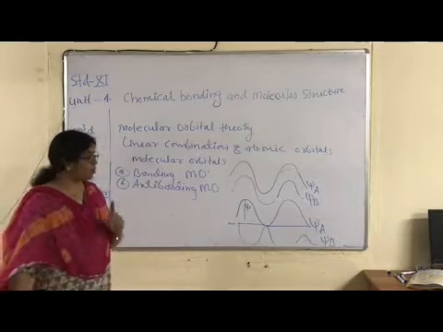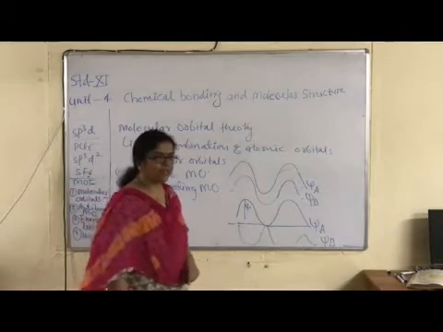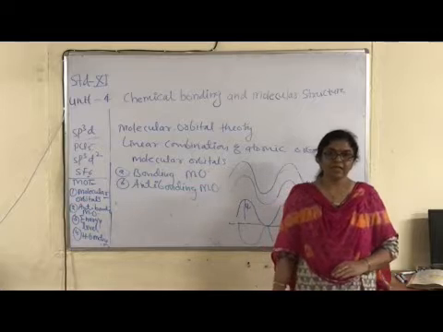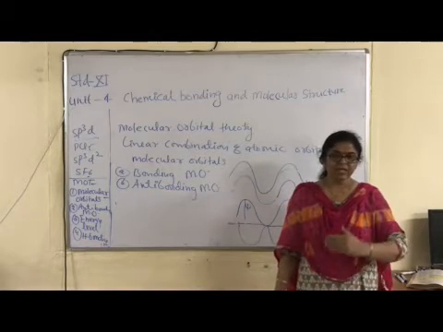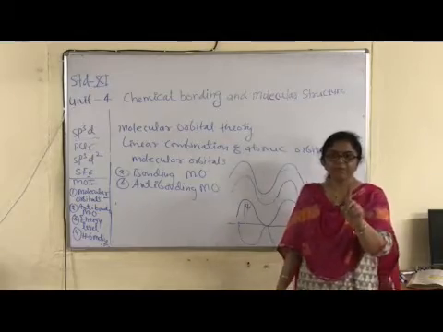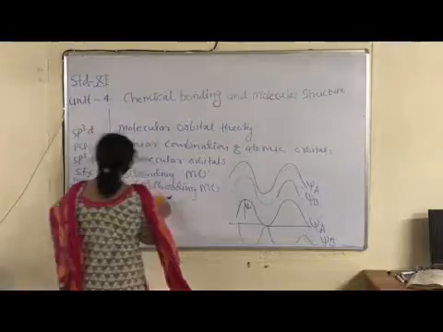Application of all rules in this theory, MOT, like filling of electrons in different orbitals of atom, right? First of all, lower orbitals are occupied before higher orbitals. Application of same rules: Aufbau rule, Hund's rule and Pauli's rule, right?